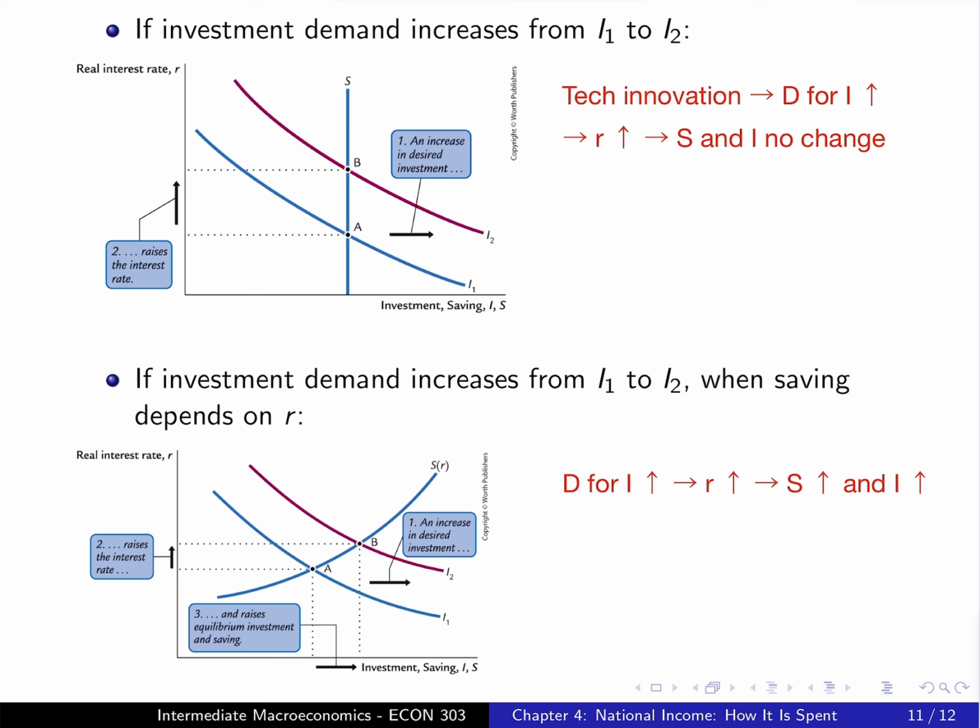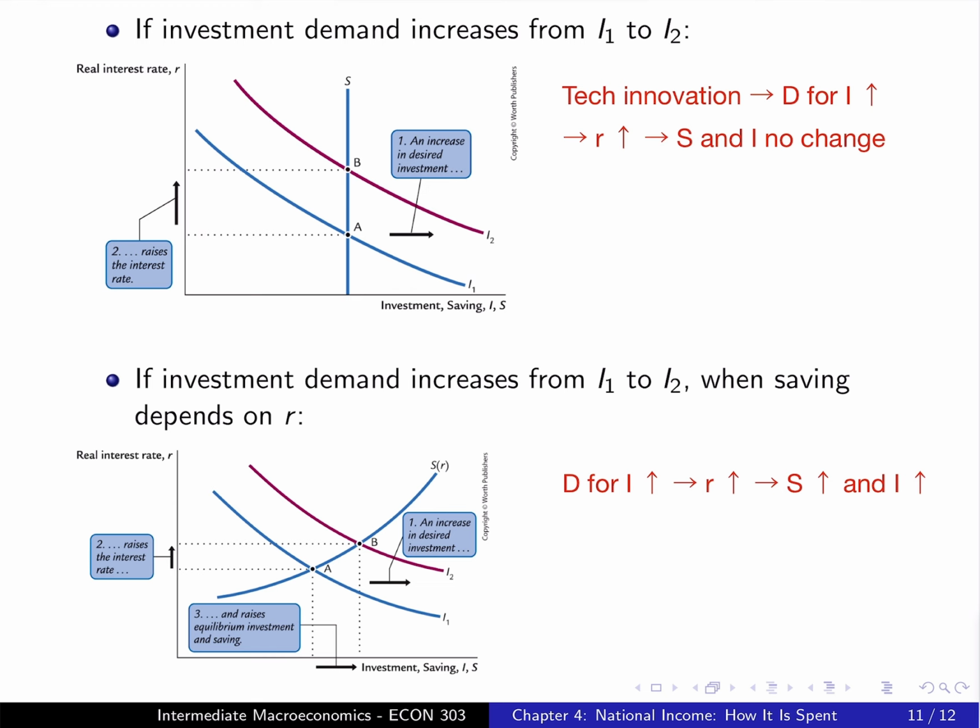In this first graph, investment demand shifts from I1 to I2, but saving is assumed to be fixed. As investment demand increases due to tech innovation, the real interest rate R must rise to restore equilibrium. This results in a higher equilibrium interest rate, but no change in the quantity of saving or investment.